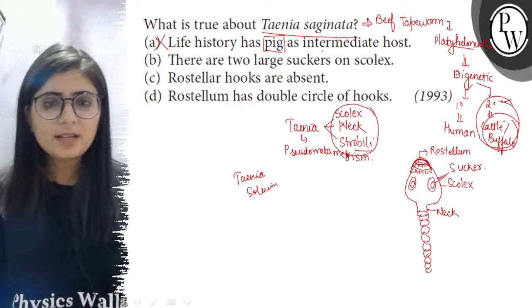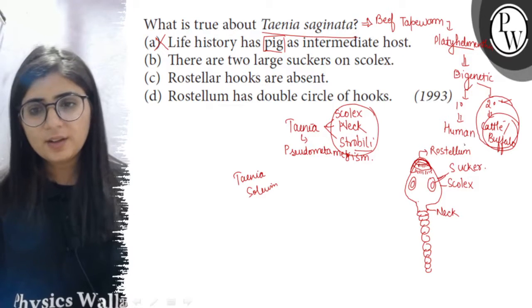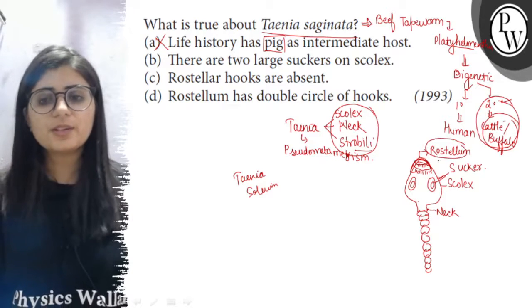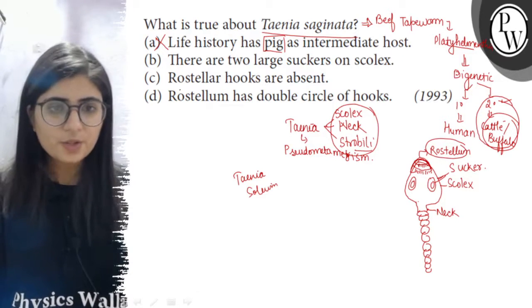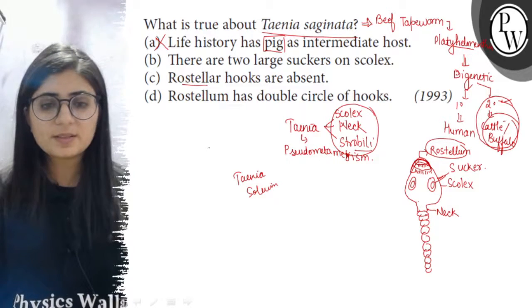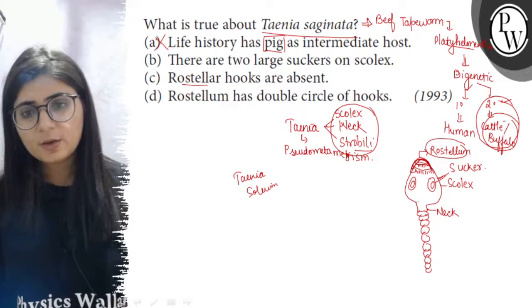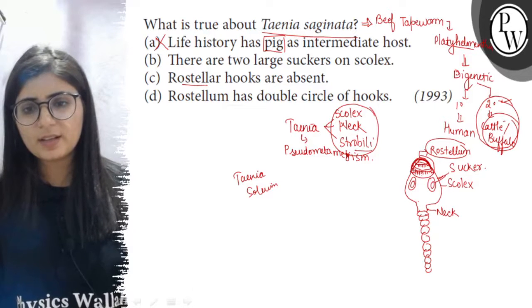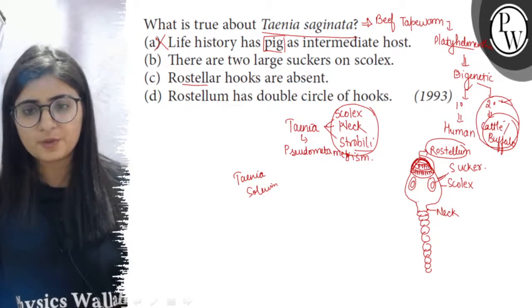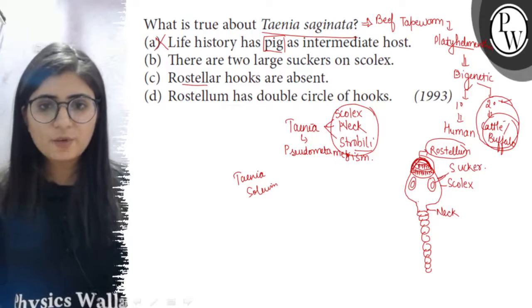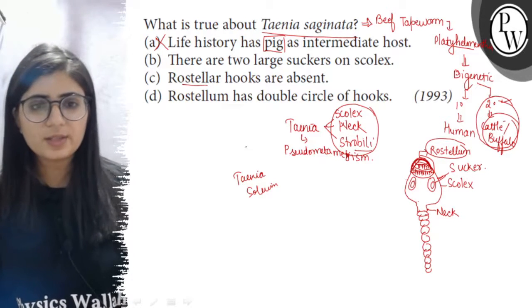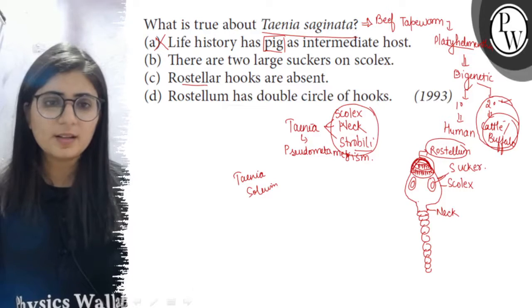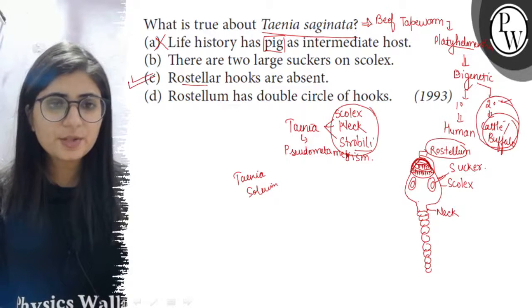But here in case of Taenia saginata, there is no rostellum and no rostellar hooks. Rostellum is nothing but a pointed conical structure at the upper end of the scolex which has two rows of hooks. So these are hooks. But in case of Taenia saginata, there is no rostellum and no hooks. So rostellar hooks are absent, so it is right.